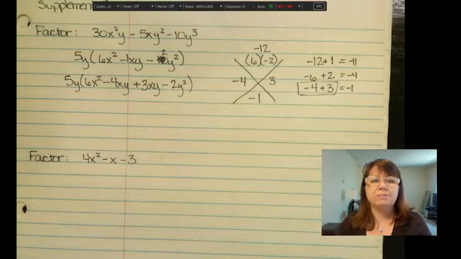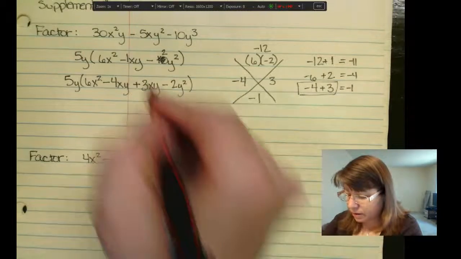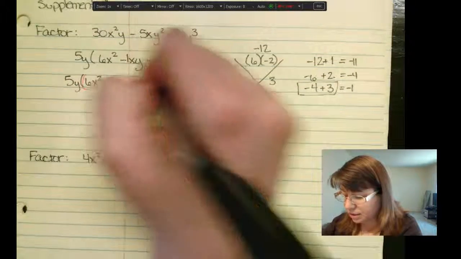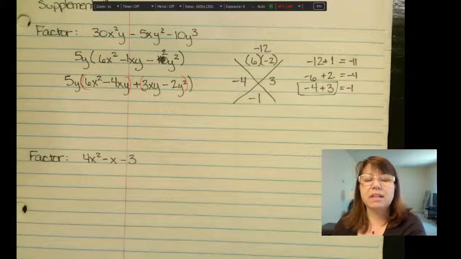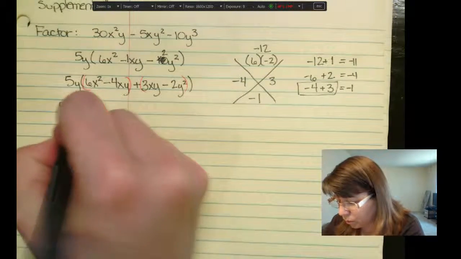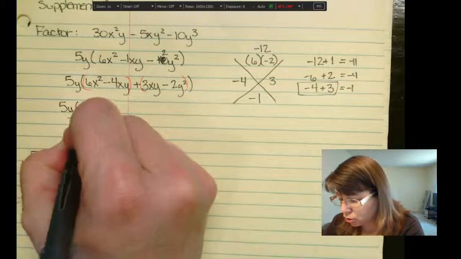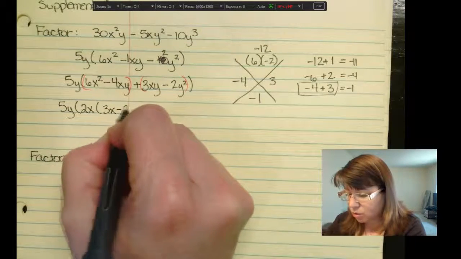trial and error method. Now what I'm going to do is group these together. So I'm going to group the first 2 terms and the second 2 terms. I'm going to pull out something that they each have in common. Okay. So the 5y is just going along for the ride. If I pull out definitely an x, but it looks like a 2x, leaves behind a 3x minus 2y.